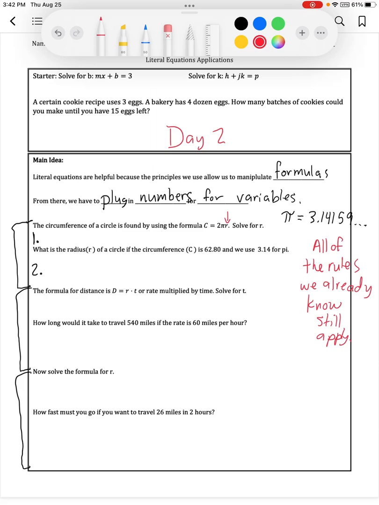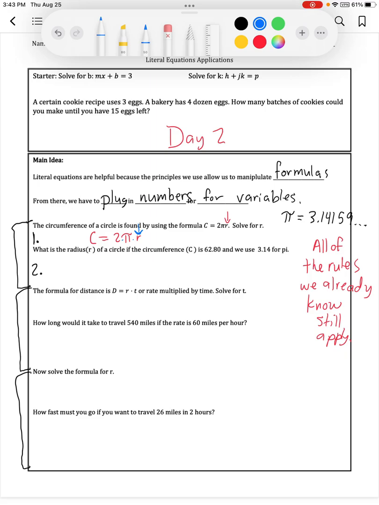So in this particular case, we have C is equal to 2 pi r. Our goal is to get the r all by itself. So what is the relationship between 2 pi and r? Well, since nothing else is specified, it's multiplication. How do we undo multiplication? What is the opposite of multiplication?